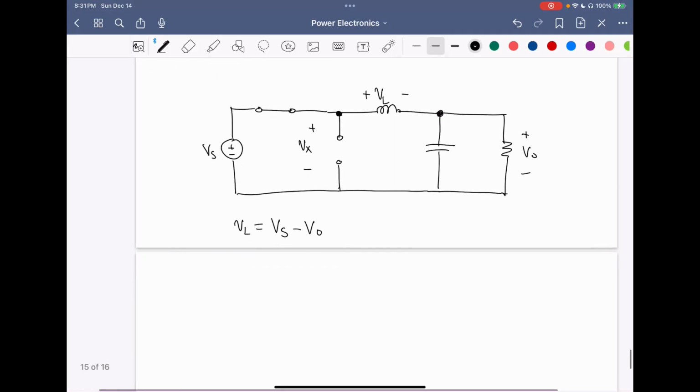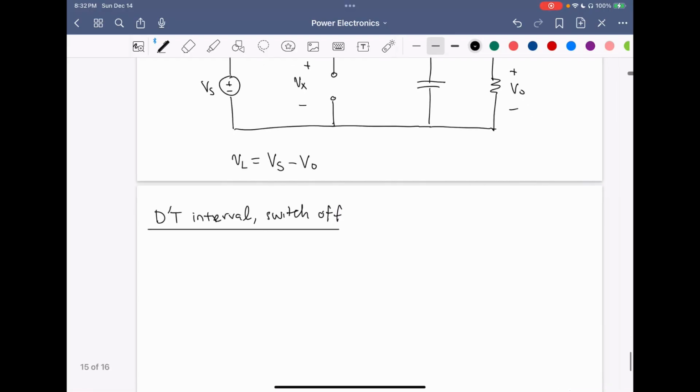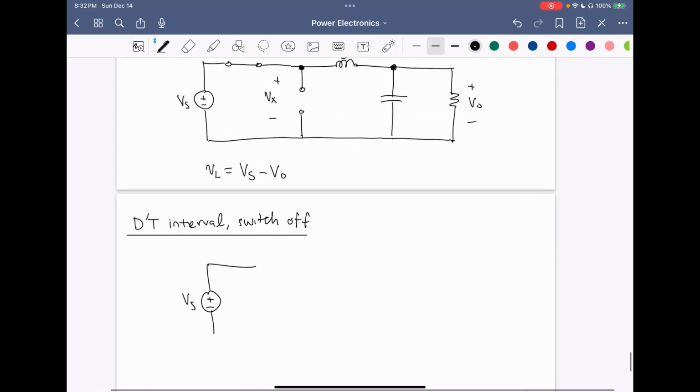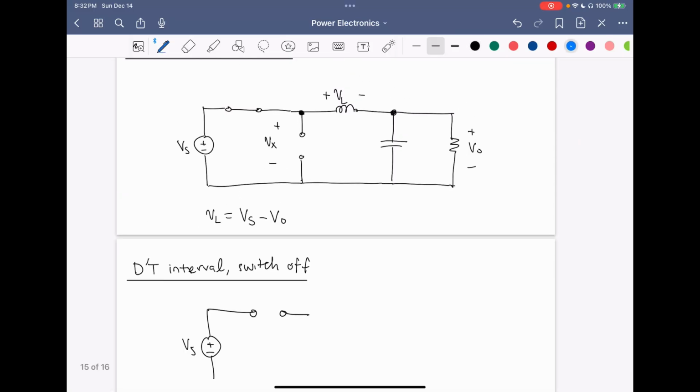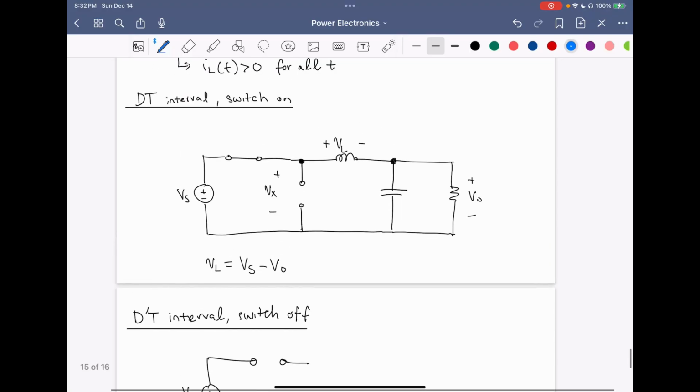Now, let's examine the circuit during the D prime T interval, in which the switch is off. In this interval, the switch is an open circuit, but in the DT interval, we have the current flowing through the inductor like this. And we know that we can't suddenly stop the flow of current through an inductor because bad things will happen. We'll get huge voltage spikes in the circuit.